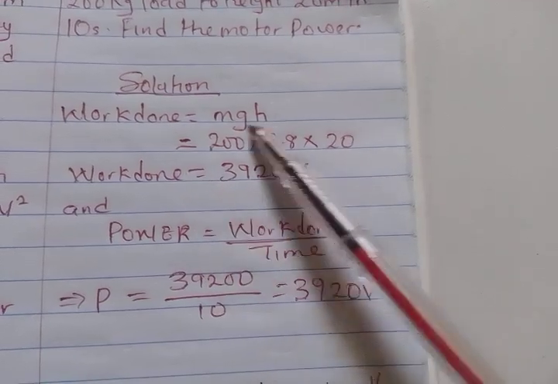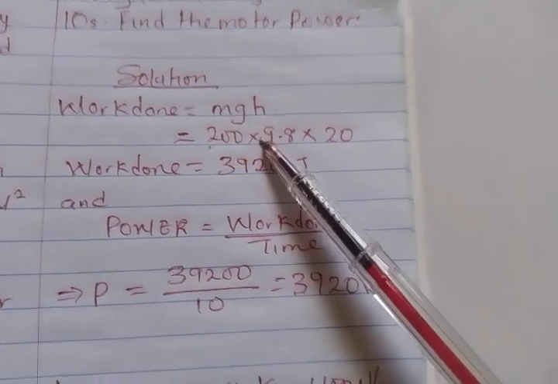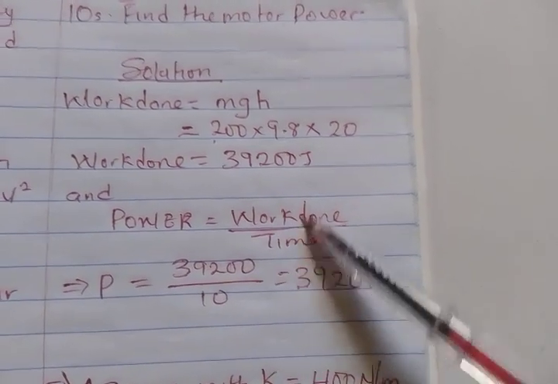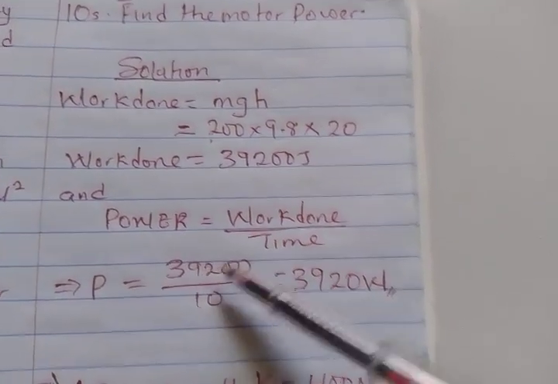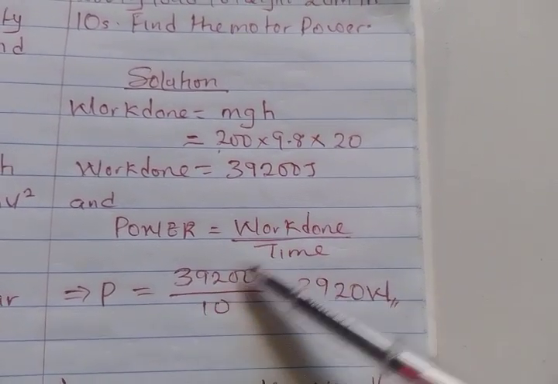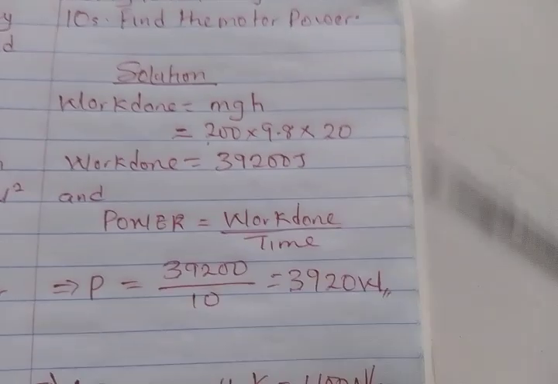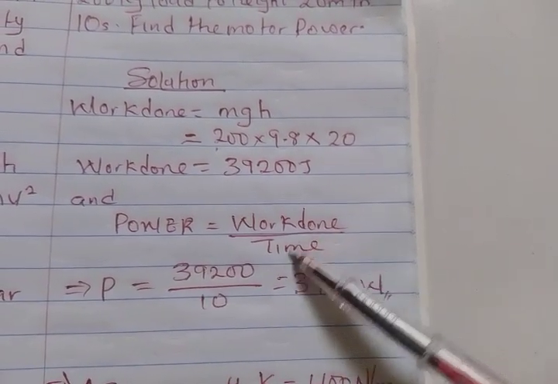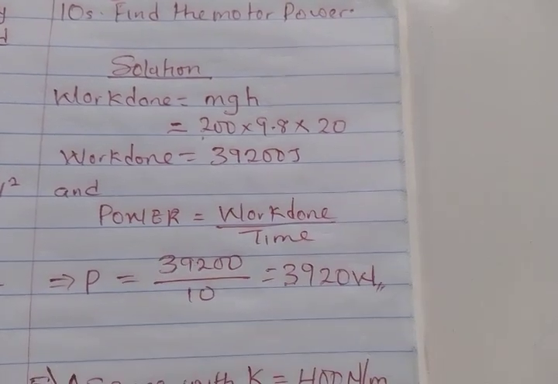That is the work done. But we are not done because we need the power. The power is the work done over time, and the time is 10 seconds. So 39,200 over 10 gives us 3,920 watts. The power is now 3,920 watts.